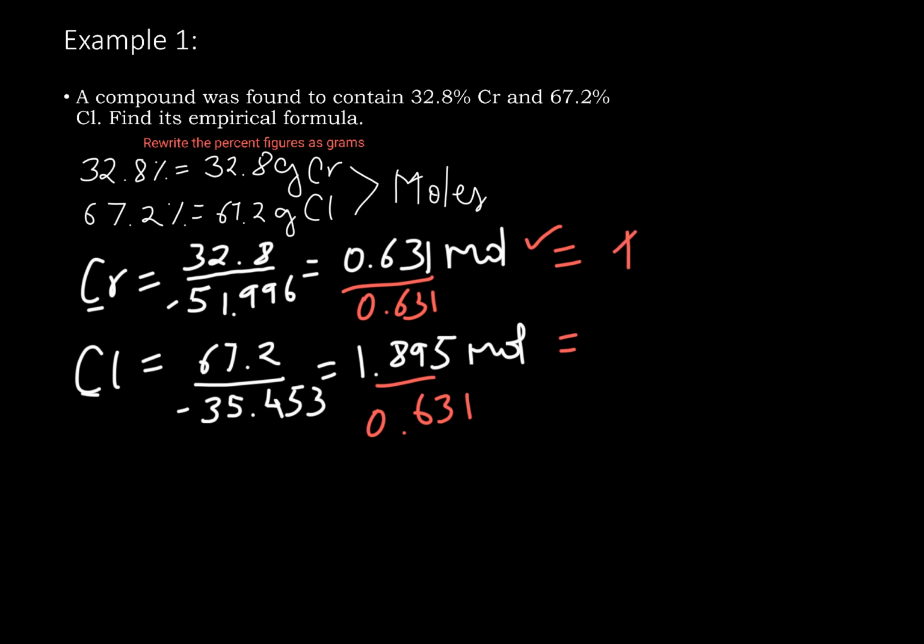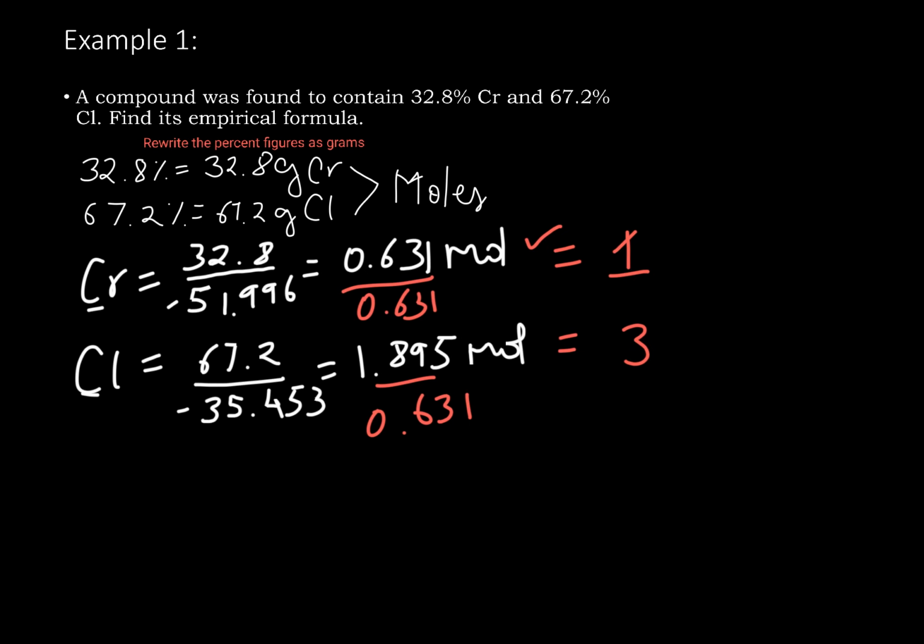This one is obviously going to be 1, and the other one would be approximately 3. I know if you did this in the calculator, you got a number that looked something like 3.0 something, right? And for this particular case, you have to round to the nearest whole numbers. But there is an exception to this, and we will talk about what that exception is in the coming problems.